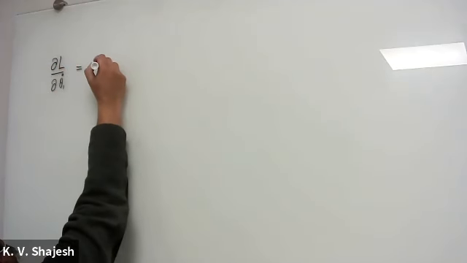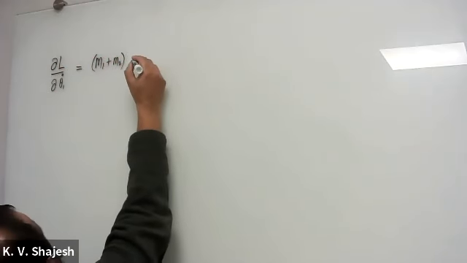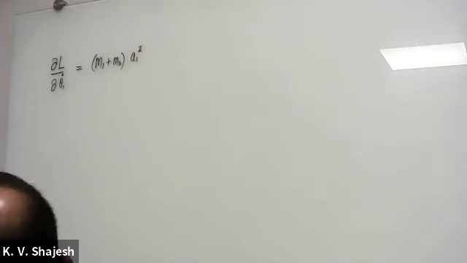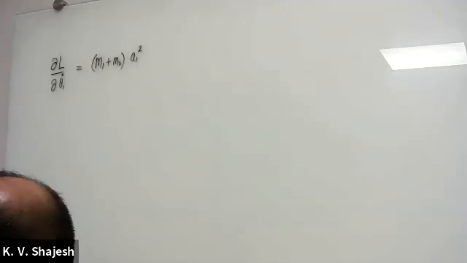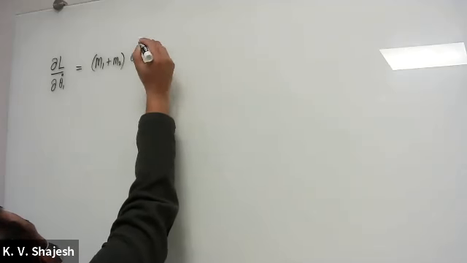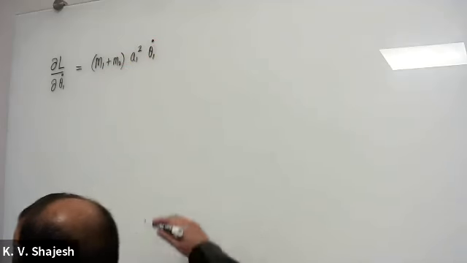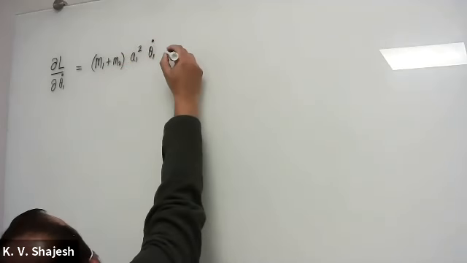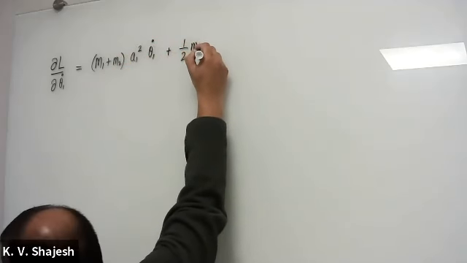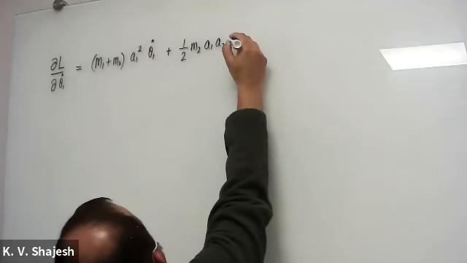So this is (m1 plus m2) a1 square theta 1 dot, and the second term is plus half m2 a1 a2 theta 2 dot.